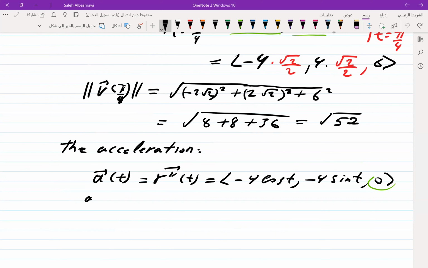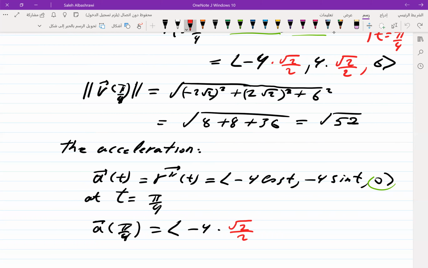Now at t equal to pi over 4, the acceleration in this case is equal to minus 4 multiplied by cosine pi over 4, which is square root of 2 divided by 2. Sine pi over 4 is square root of 2 divided by 2, and z is 0.